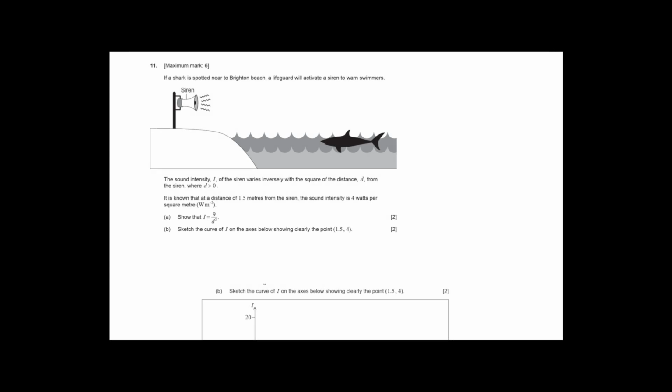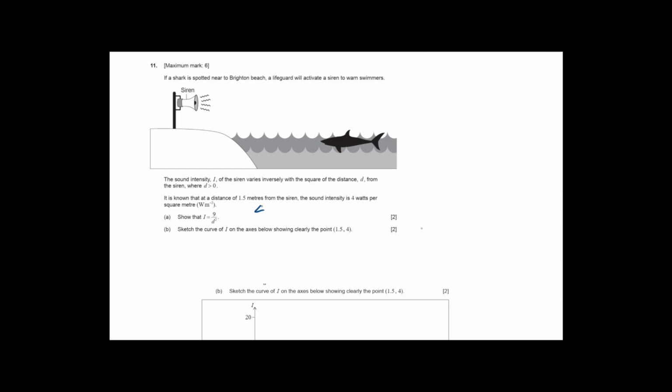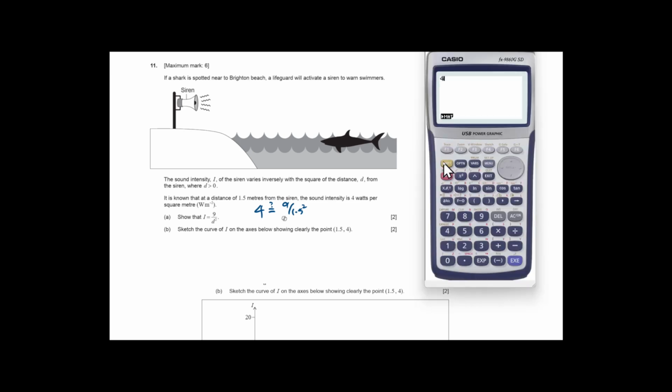Pretty weirdly easy. Let's do a little trick with the calculator. So we're essentially going to say, does 4 equal 9 over 1.5 squared? So we could put it in the calculator. 4 equals 9 over 1.5 squared, and we get the answer of 1, and 1 means it's true.